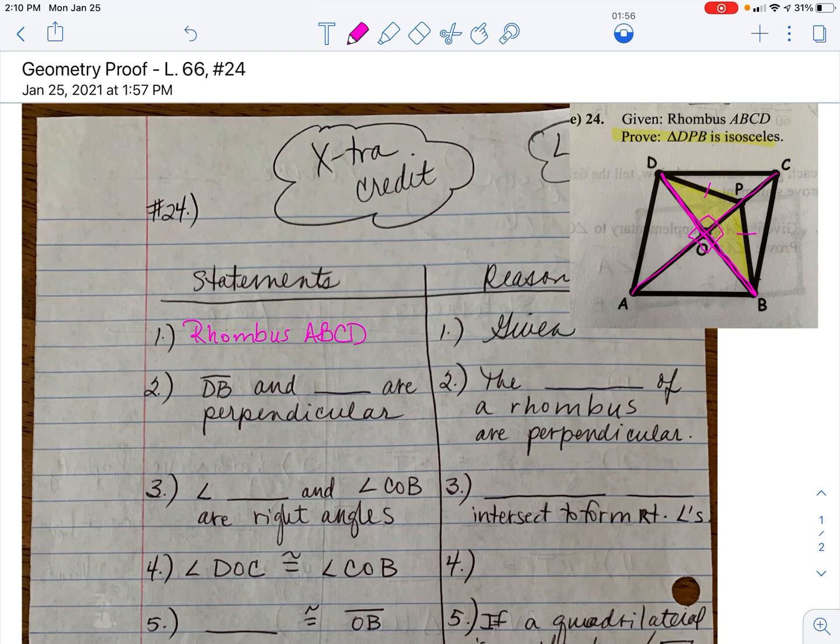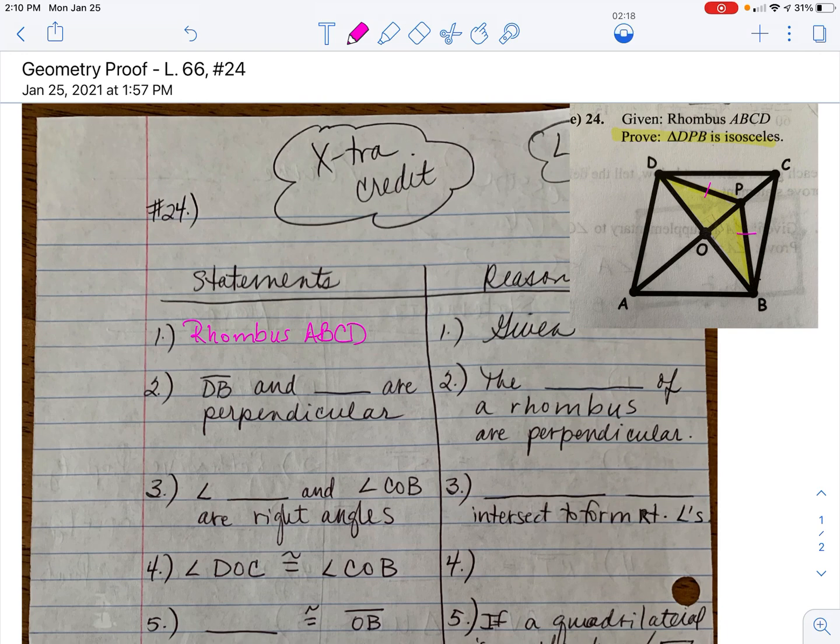So all four of those angles on this rhombus, those diagonals are bisecting, which means it's cutting that angle right smack dab in the middle, creating two congruent angles. So let's start from there.